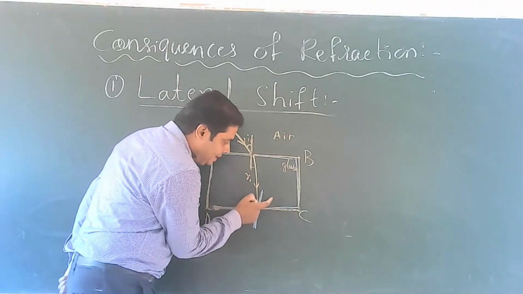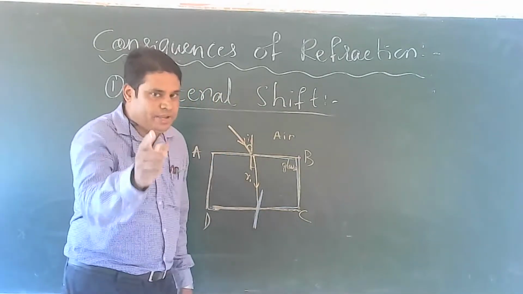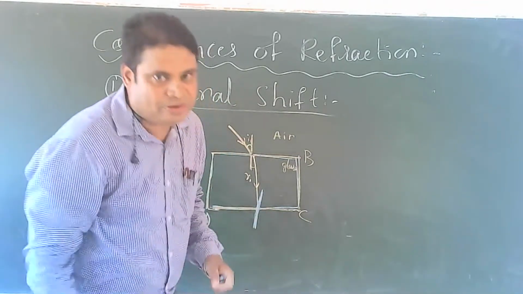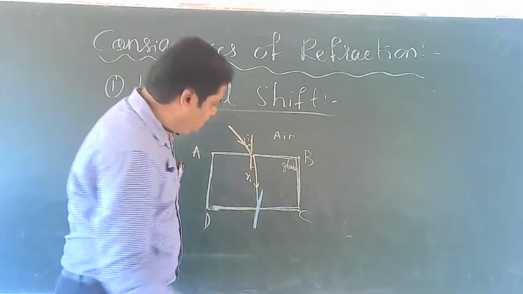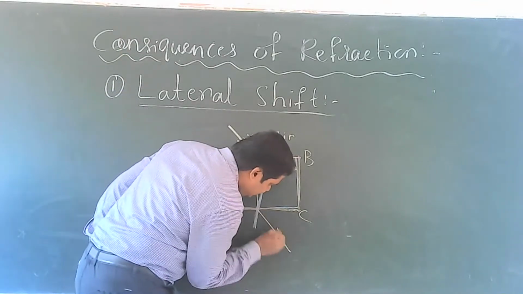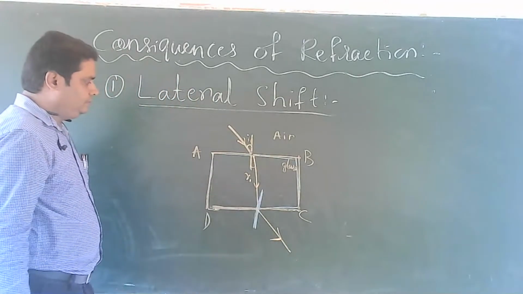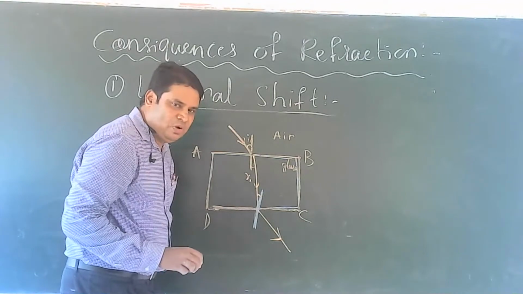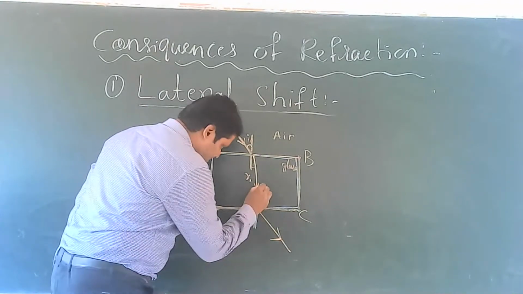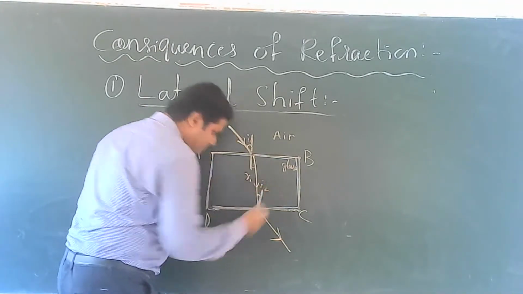Now, as light is traveling from denser medium to rarer medium, we know the refracted ray bends away from the normal. With respect to the normal, we have to mention the angles. This is the angle of incidence, say I2.